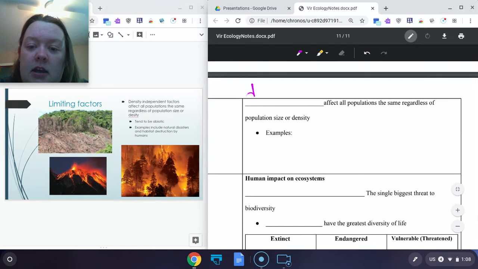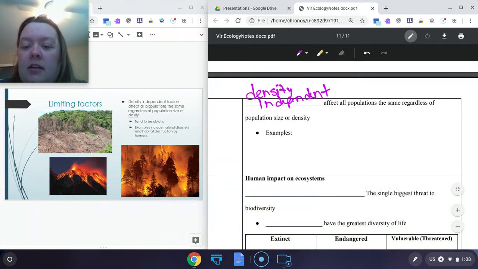Whereas density independent, the size of the population in this case does not matter at all. These tend to be abiotic factors, things that are going to harm the population no matter how big it is. For instance, natural disasters.